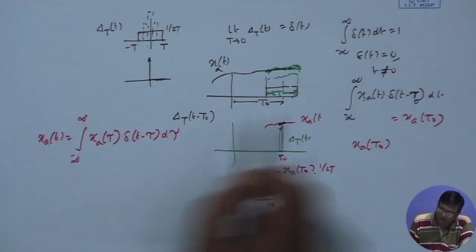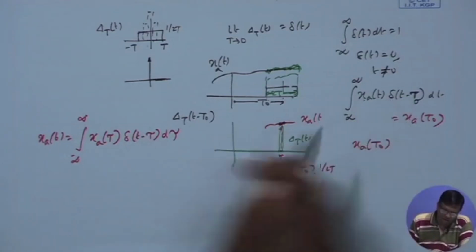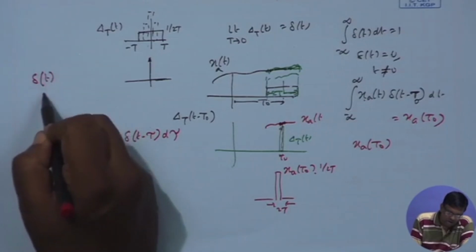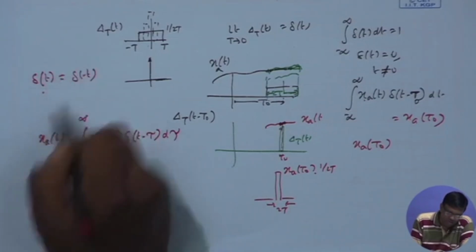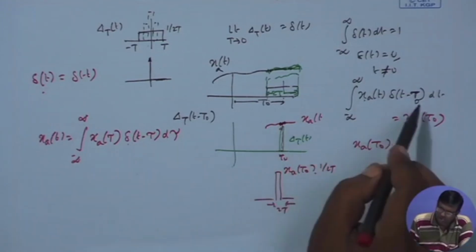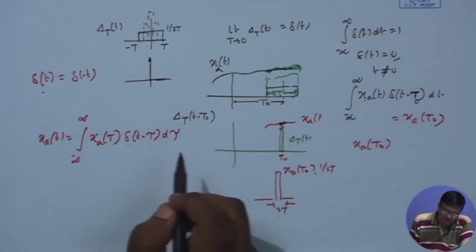So small t is now acting like t naught there, and tau is acting like t, and you get this.